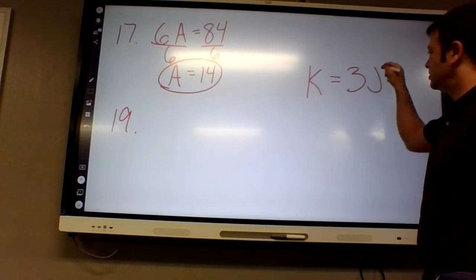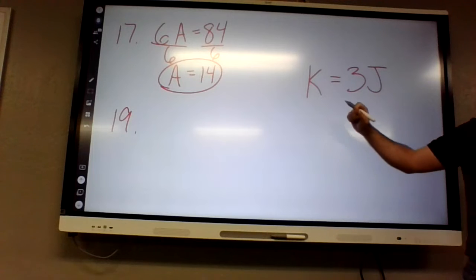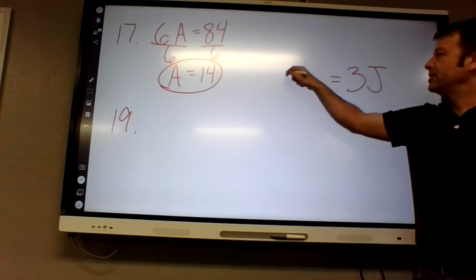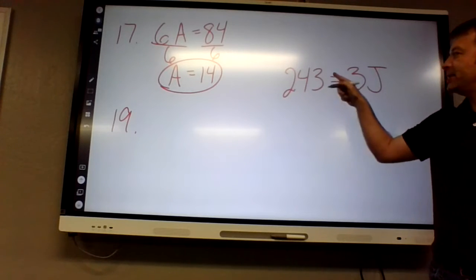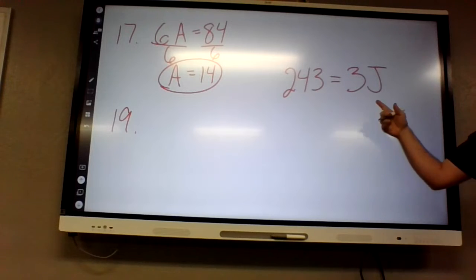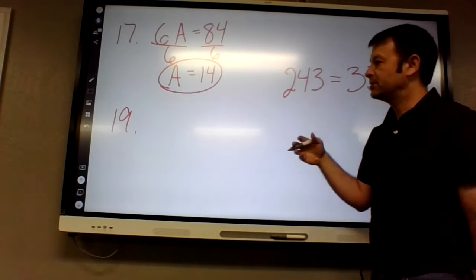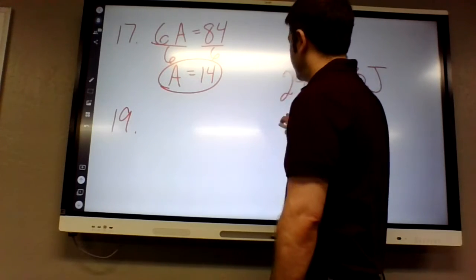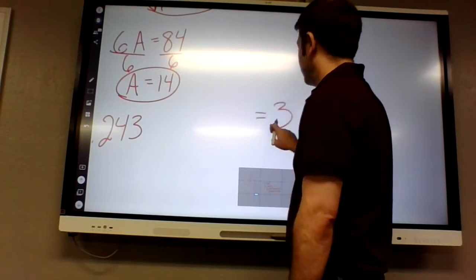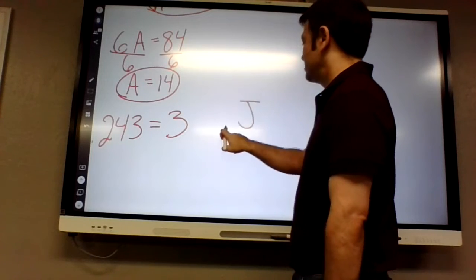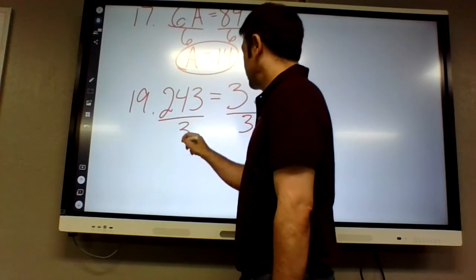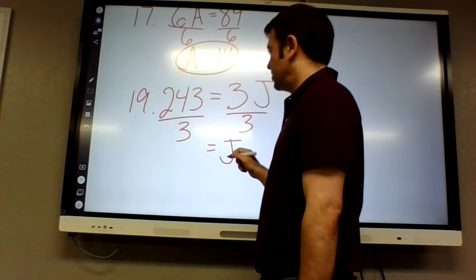Jen. So it's kind of like that, but we know how many stamps Kent has, right? Yeah. So I don't really need a variable there. 243 stamps is 3 times Jen's. So yeah, you would divide by 3, yes. What's that come out to, 81?